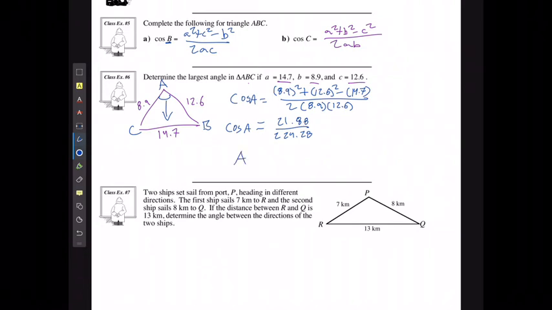The angle A is going to be cos to the negative 1 of this ratio, 21.88 divided by 224.28, which is going to give me an angle of, rounded to the nearest degree, 84 degrees.